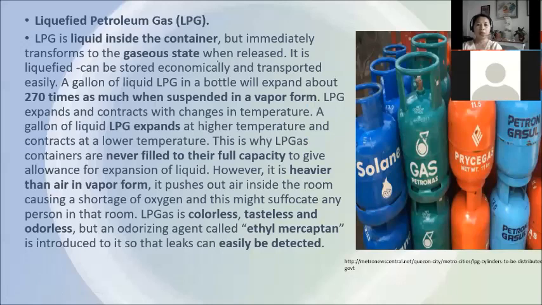Okay, so LPG. So LPG is for liquefied petroleum gas. So liquid ito inside the container, but then pag lalabas yan sa nozzle, maging gaseous state when released, no? So pinaliquefied para ma-stored economically and transported easily.